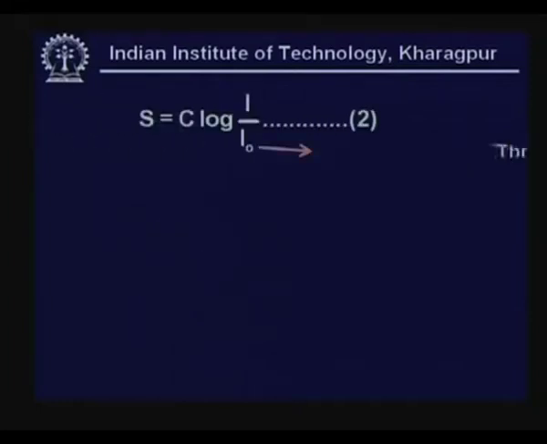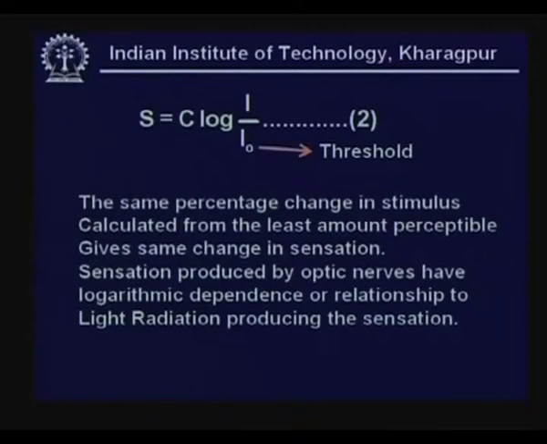This is further examined by Fechner with respect to illumination, and he has found that there is a logarithmic dependence as far as optic nerves go, and that is expressed as S, the sensation produced by optic nerves. So what do you have? S is equal to C log I by I naught.